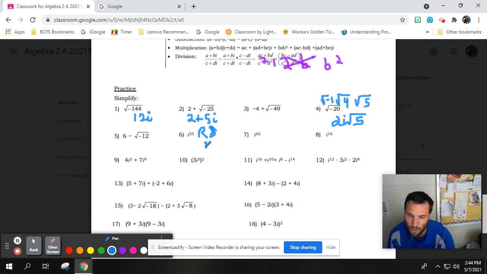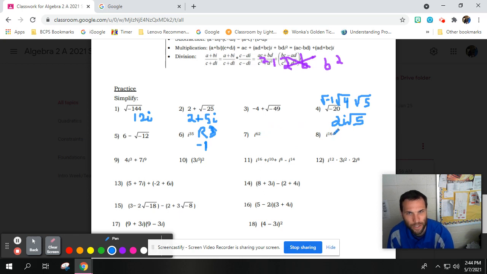No. It goes 1, i squared, negative 1, i squared is negative 1, and negative 1. It goes negative 1. So the remainder of 3 is negative 1.